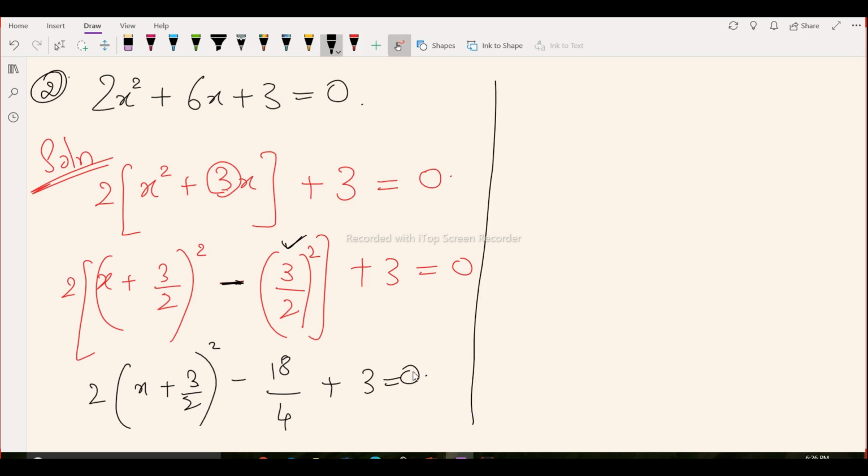And now you can solve this part, so you will get x plus 3 by 2 the whole square is equal to 3 by 4.